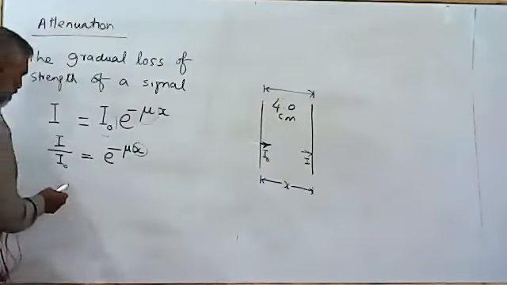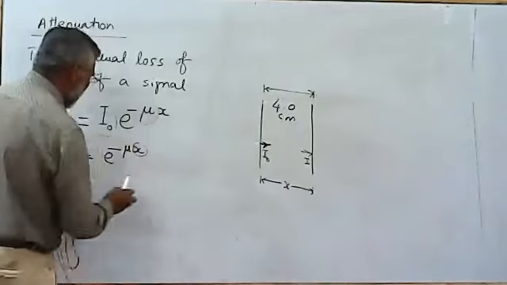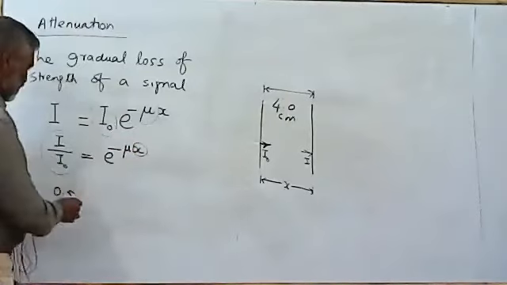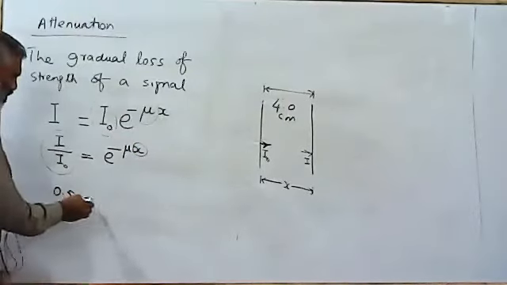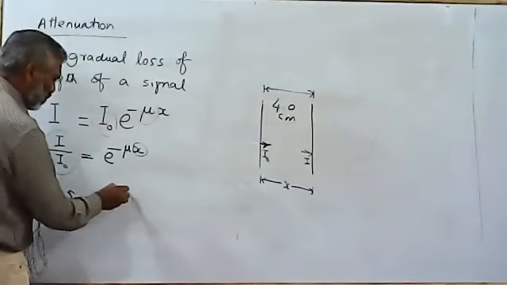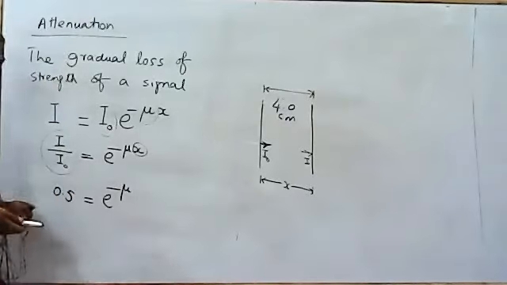And let's say I know the fraction that reaches here is 50%. So 0.5. Half of it remains when it reaches there. So 0.5 is an assumed value. e to the minus mu x, where mu remains something to be found. I don't know what mu is.